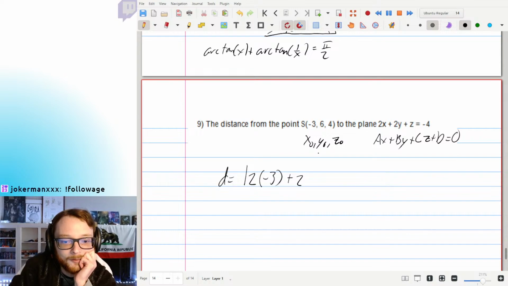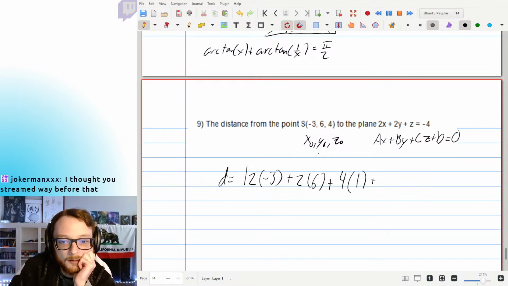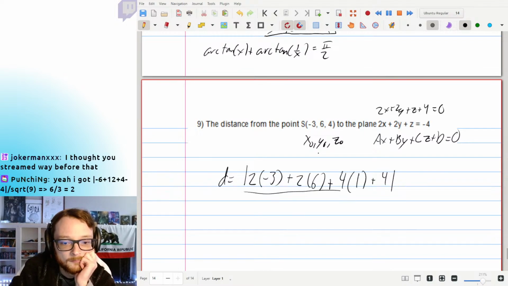Hope you've been well. Okay, so now B is 2, y is 6. Now C is 4, z is 1. And then D, we do have to write it like that, is 4. Yeah, it's because you have to add the 4 to the other side if you're going to use the formula in this way.